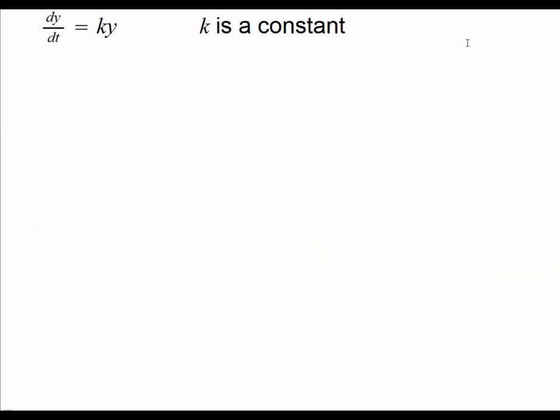One of our objectives in studying such equations is to find a relation between y and t, where we have a relation between the rate of growth of y with respect to t. We have the derivative and we would like the value of y.